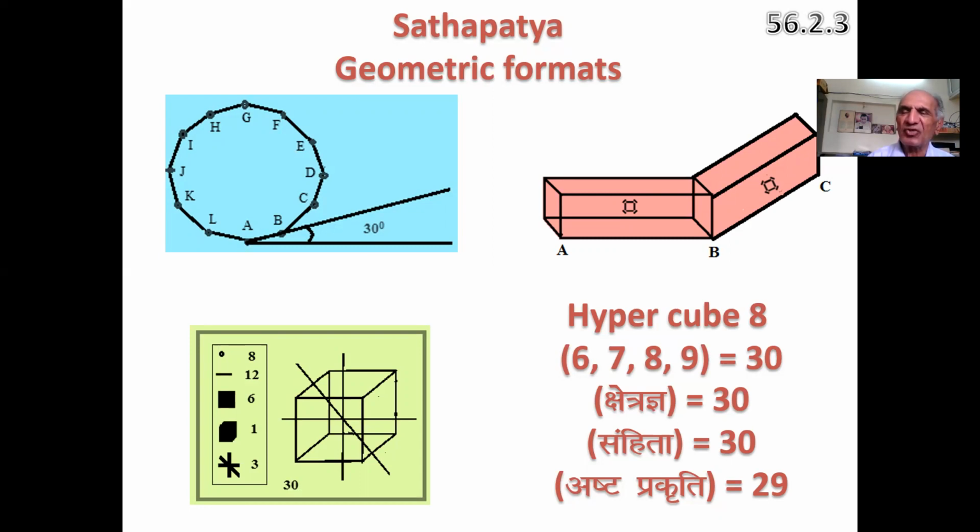The formulation Kshetrajna, knower of all domains, is 30. Sahita, our scriptures, are of value 30. And the Prakriti is 29, parallel with the TC value of Brahma. And there are precisely 29 gaps of discrete range of 30 points. All these features are lively here in this organization.